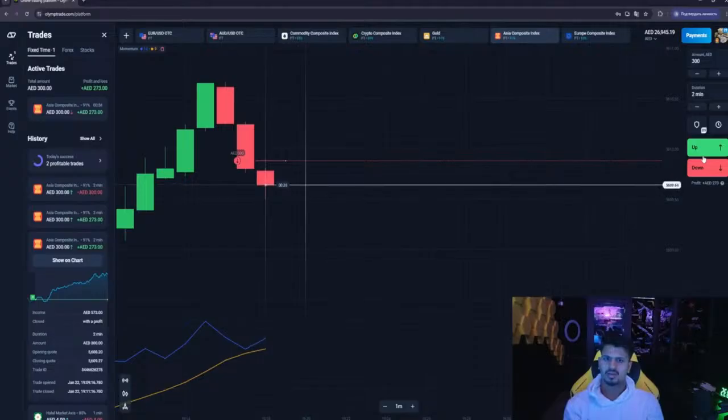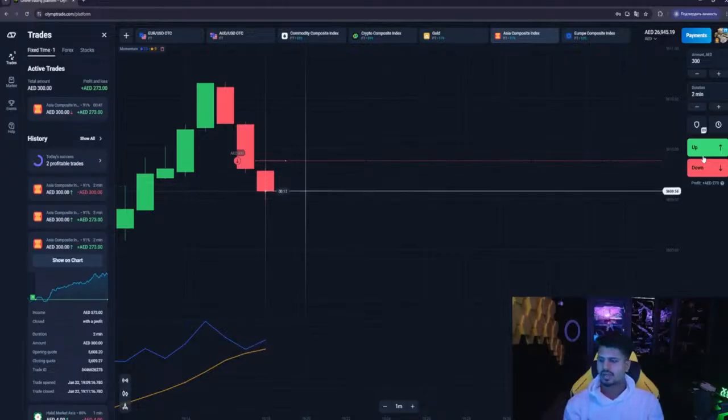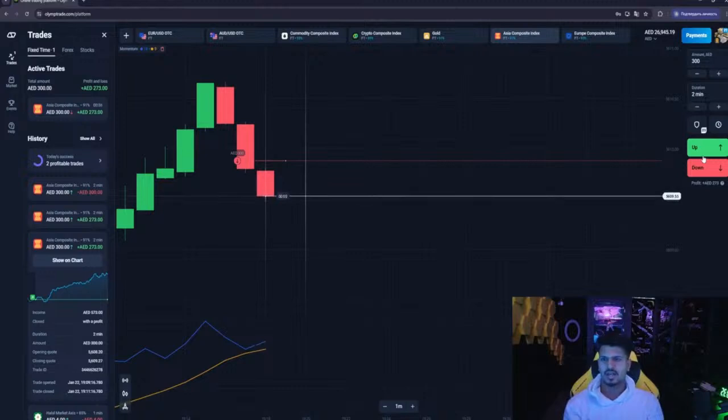And now it's moving to the downside. Fourteen, 13, 12. Only 10 seconds remaining, guys, and 35 seconds remaining for getting the profit result.